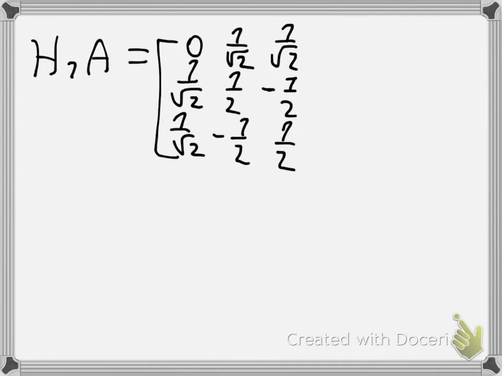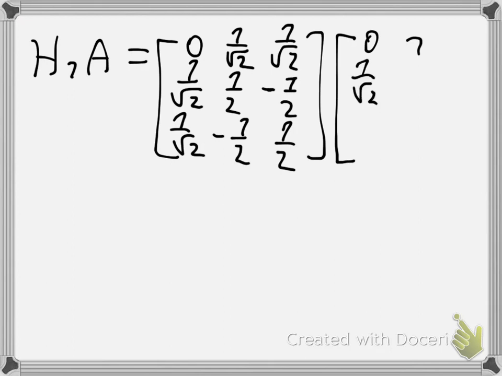Is it the same? Should be. Okay, times A, which is 0, 1, 1 over square root of 2, 1 over square root of 2, 1 over square root of 2, negative 1 over square root of 2. Okay?